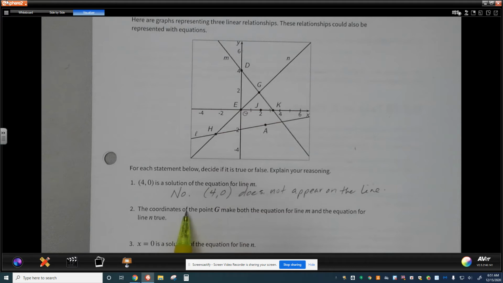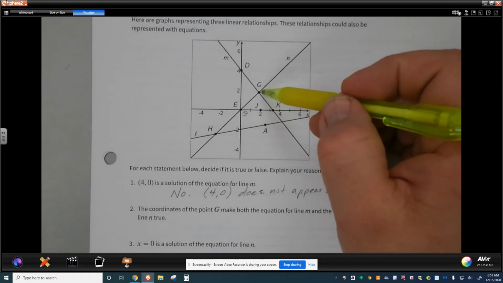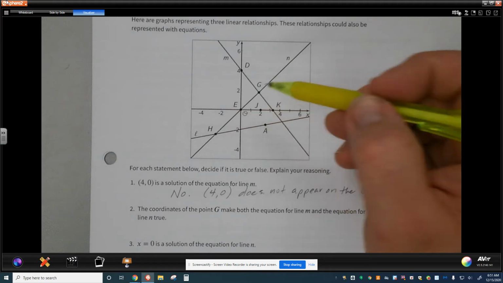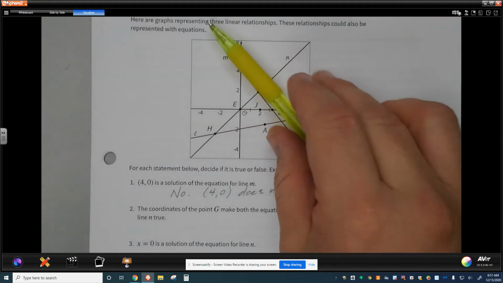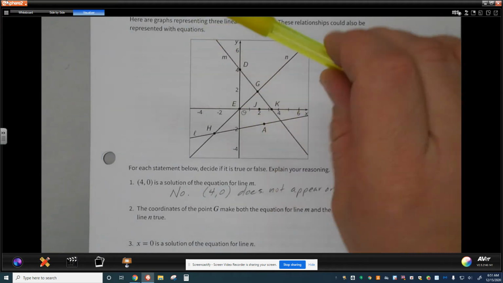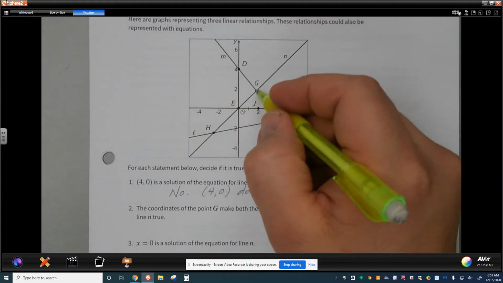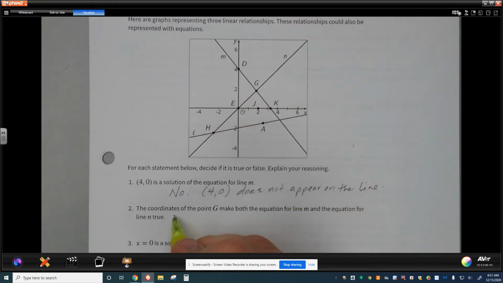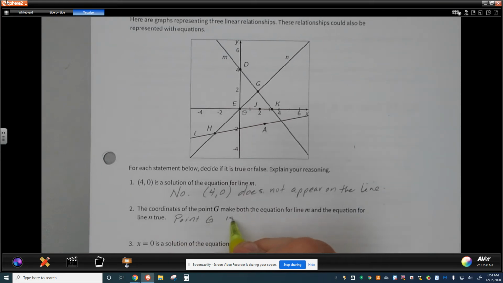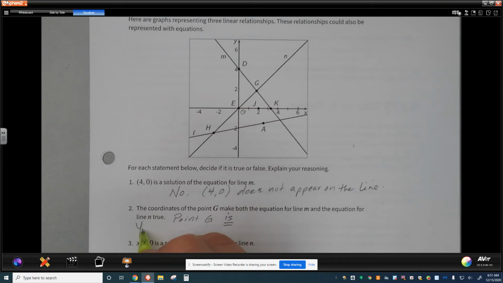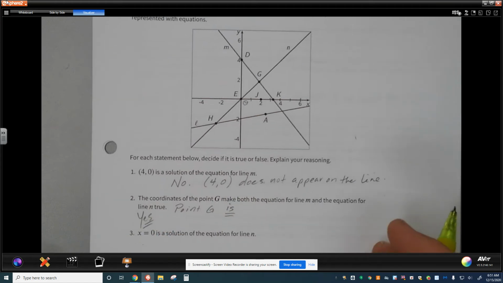How about the coordinates of point G? This one says it makes both the equation for line M and the equation for line N true. Well, here's line M and here's line N, and they intersect right here at point G. So in this case, yes. We'll write yes over here just to make sure it's very clear.